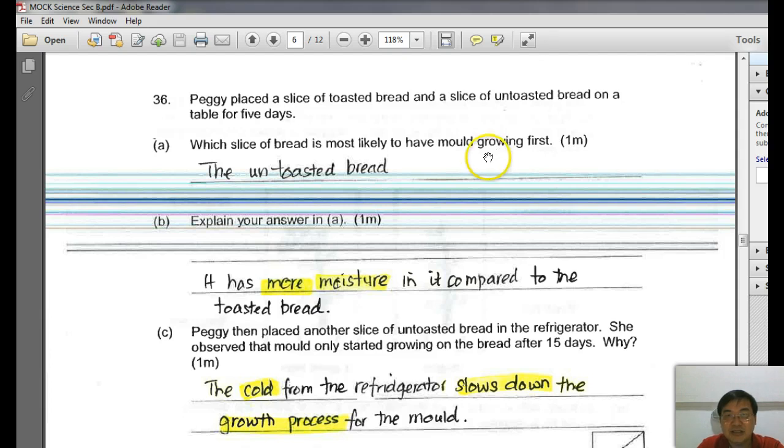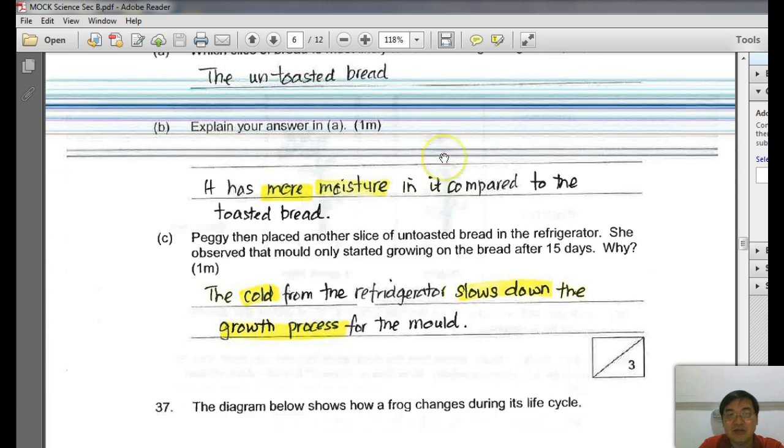The toasted bread is definitely much drier than the untoasted bread. So the untoasted bread would most likely have mold growing on it because it has water.